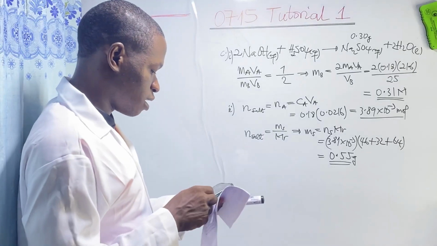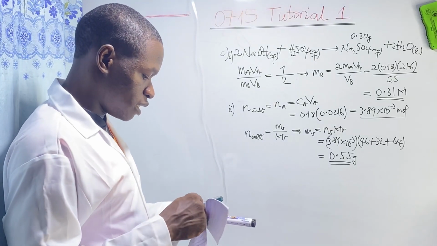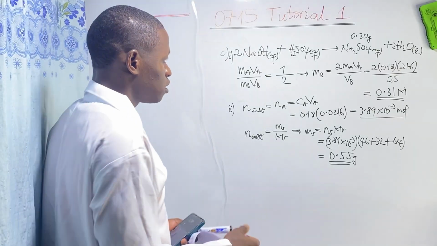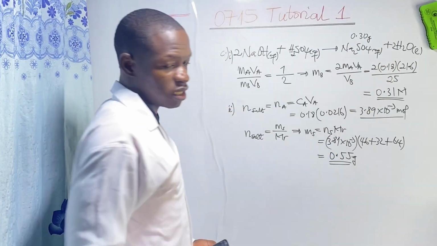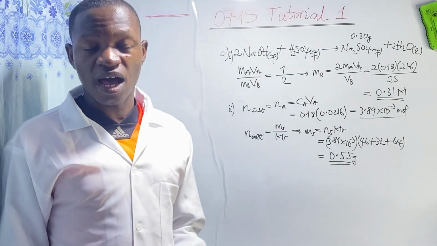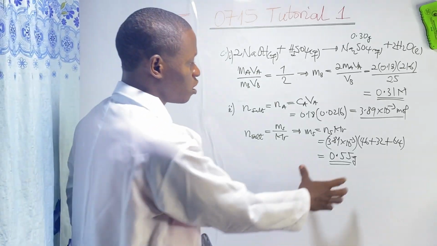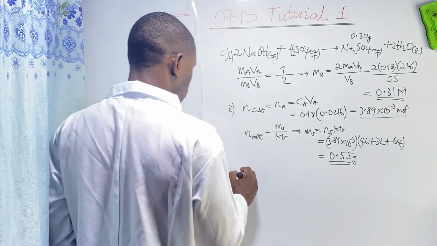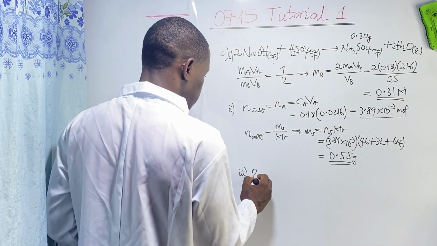Now, Roman 3, let's find the percentage yield. This one is the actual yield, the mass that was obtained after weighing and evaporation. This one is the theoretical yield. And we are asked to find the percentage yield.